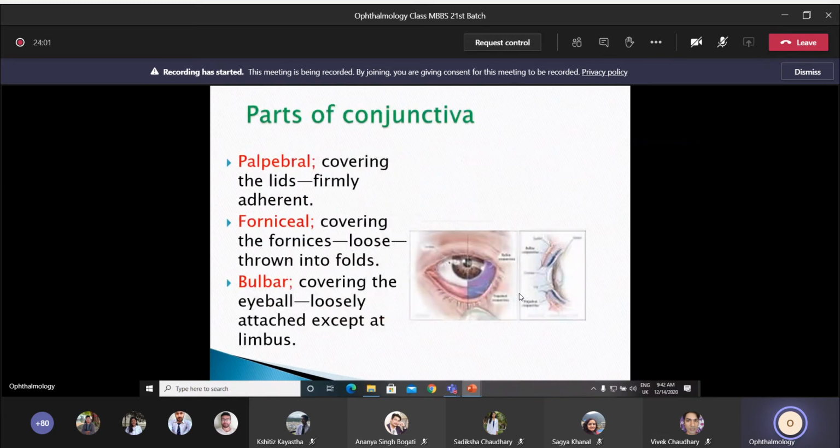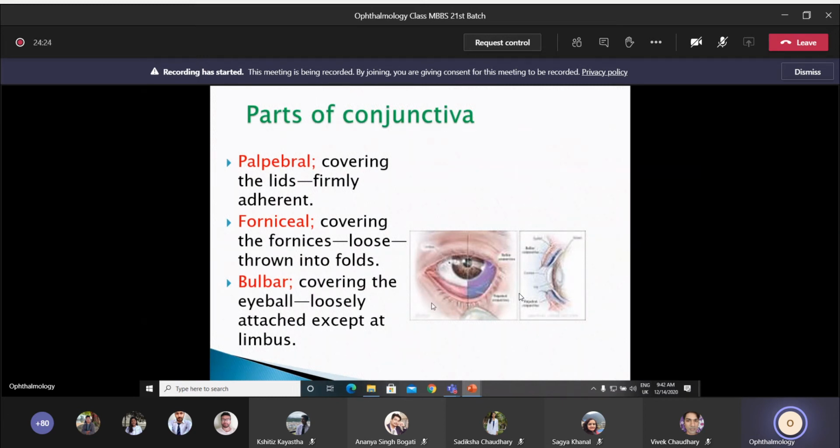Coming to the different parts of the conjunctiva, there are three parts. First is the palpebral part, which covers the lids. It covers the inner surface of the lids and is firmly adherent to it. This is the palpebral conjunctiva.